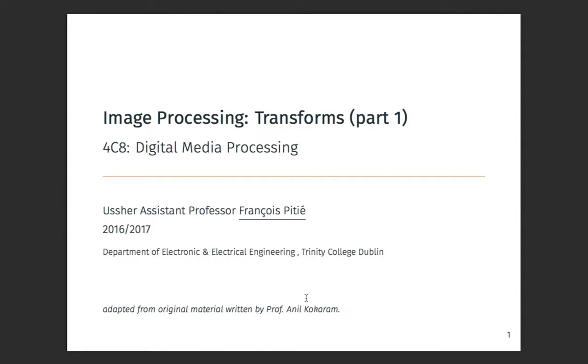Just looking at the value of the pixel by itself is not very useful. So what we need is a better representation. The trick that you do in image, but it's true as well of audio processing, is first to transform your signal into a domain where things are a bit more compact and easier to compress. So the first stage of most of these compression algorithms is to transform your pictures.